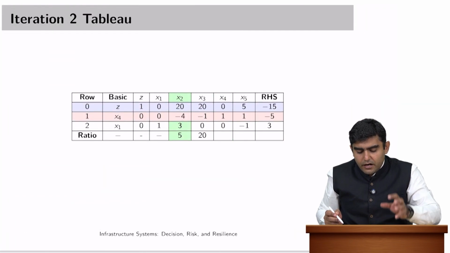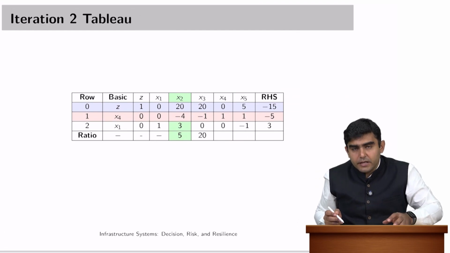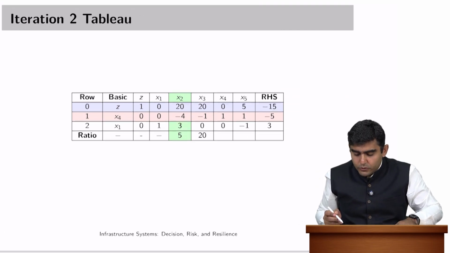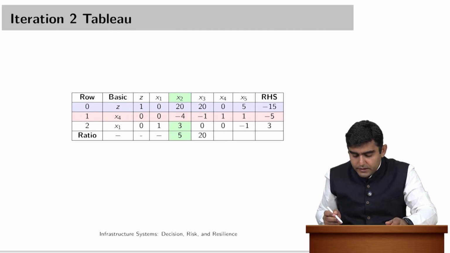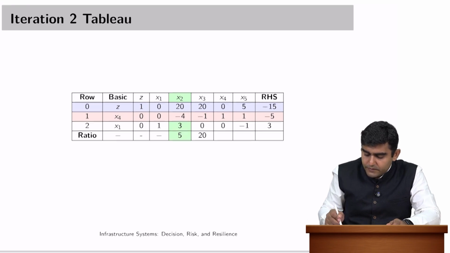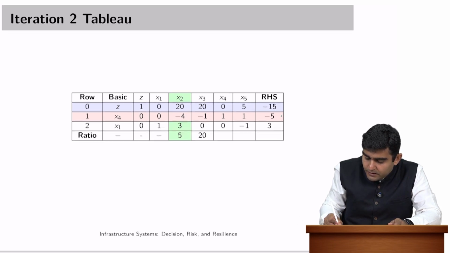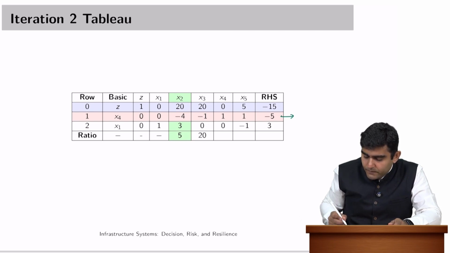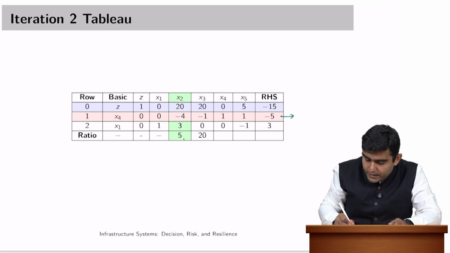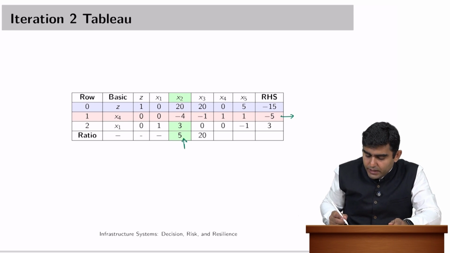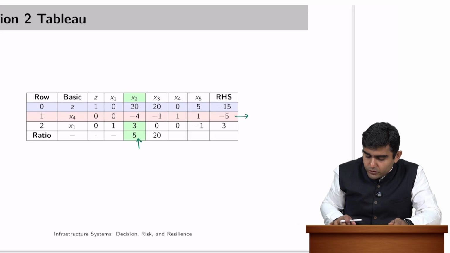Now let us see how the tableau for the next iteration would look after iteration 1. After all these calculations, you would have a revised RHS and revised ratios. So again we will apply the same logic: the one with the maximum negative RHS should leave and the least ratio should enter into the solution.